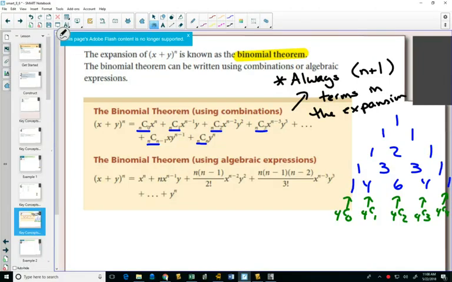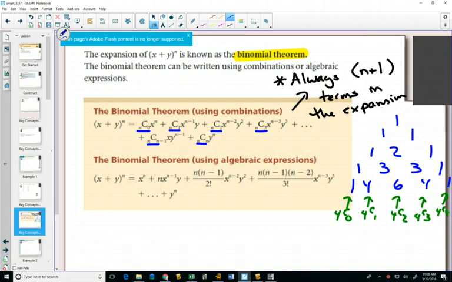So if the exponent was 3, there would be 4 terms. If the exponent is 4, there would be 5 terms. And if there's 5 terms, you know you have to use the 5th row of Pascal's triangle, which has 5 numbers in it. So first of all, that's your leading coefficient. It comes from Pascal's triangle.